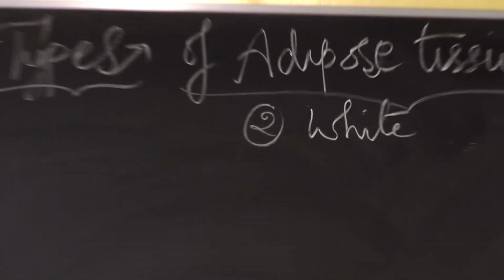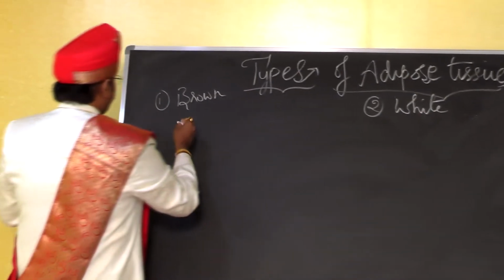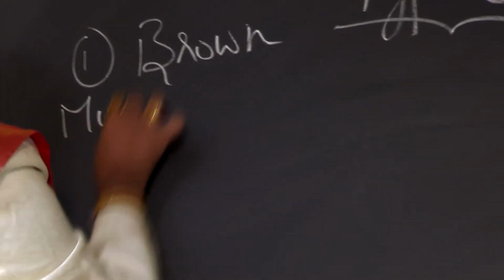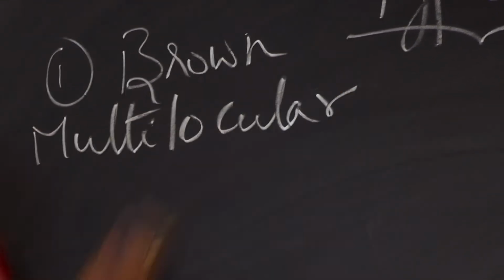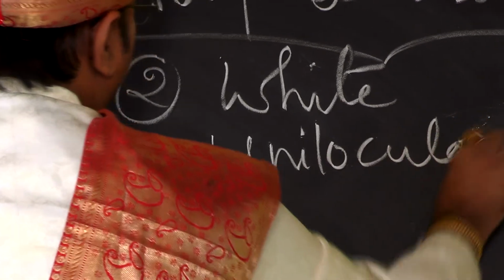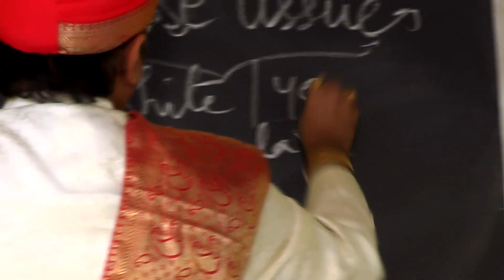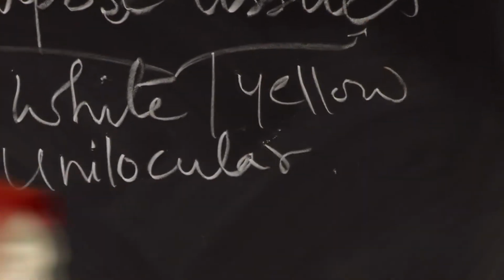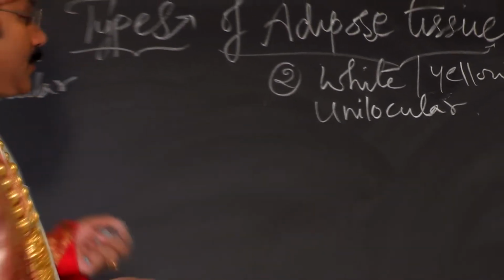The brown adipose tissue is also called multilocular adipose tissue, and the white adipose tissue is also called unilocular adipose tissue. Some people like to call the white adipose tissue yellow adipose tissue.